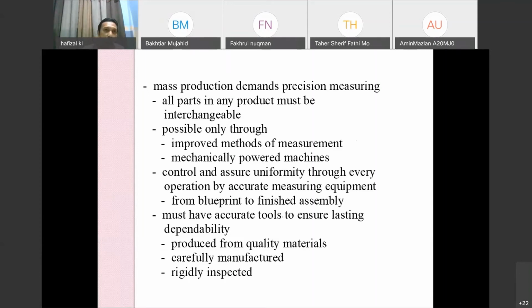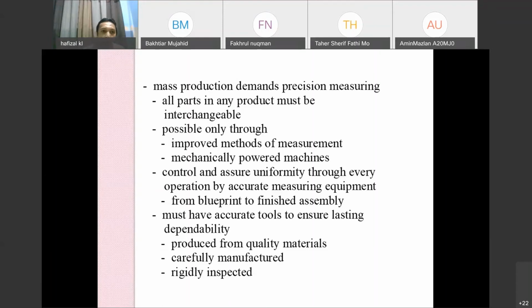In quality control, we have several types: from the product itself, from the measurement dimension of the product, from the working of the product. So we need to take samples randomly to test the product. In mass production, we don't have room for error in testing, so the demand for precision measurement is very high.